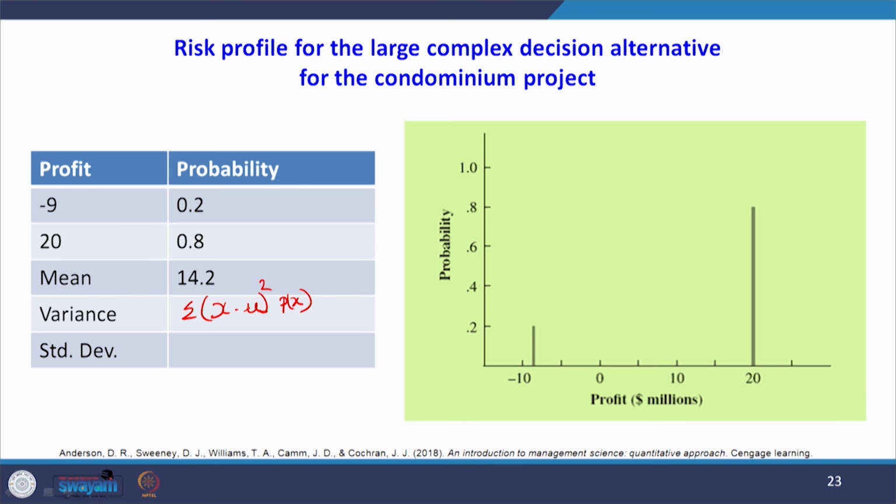So, if I expand this: minus 9 minus 14.2 whole square times 0.2, plus 20 minus 14.2 whole square times 0.8.